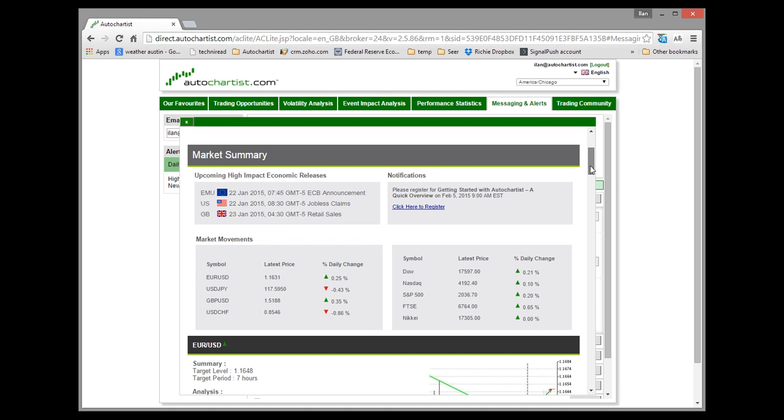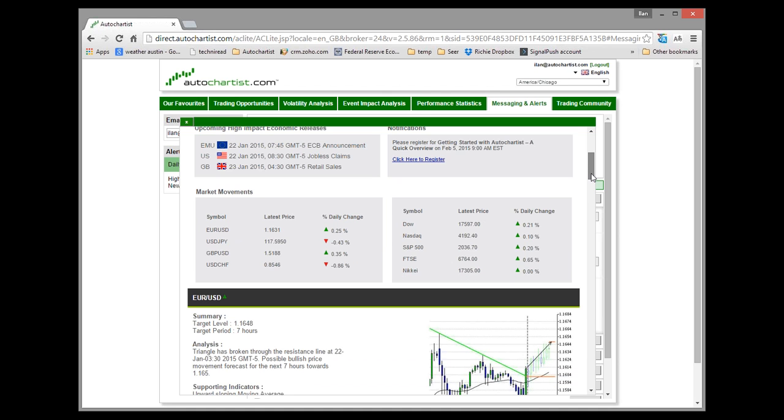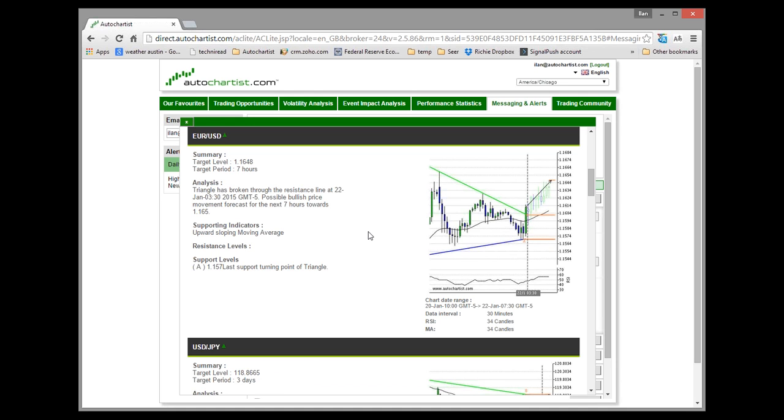There's a little notification panel of any important news from your broker, the market movements, and this is the real juicy bit, obviously the forecasts that we made. So this report went out. This is the USD report. It went out quite a few hours ago. So we made a good call on Euro USD.